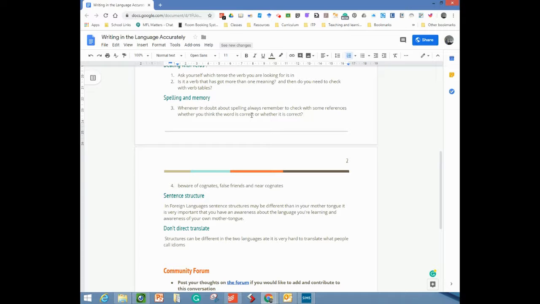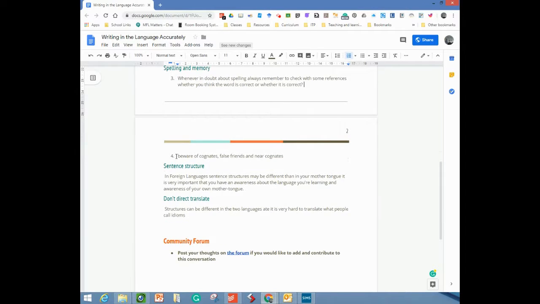And whether in doubt, again, top strategy there: if you write something and you're in doubt, you underline it or you highlight it and think, okay, everything I highlight, I will be checking later. Beware also of words that are cognates, false friends, or near cognates, meaning those words that are the same in English and are sometimes not the same, and sometimes quite the same.